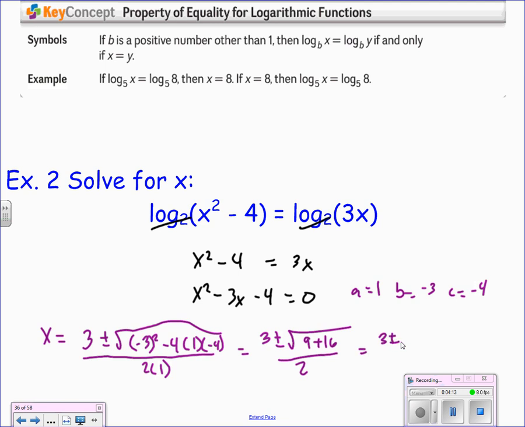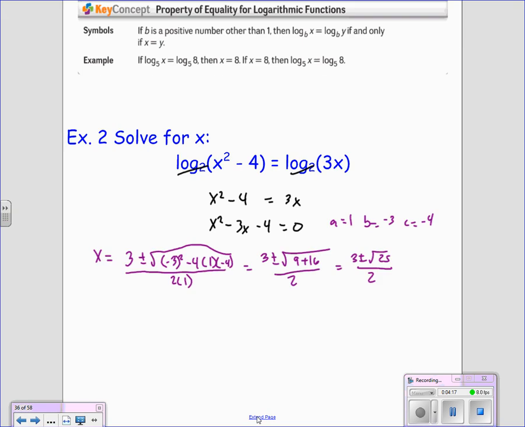So that's 3 plus or minus the square root of 25 over 2. So that's 3 plus or minus 5 over 2, which means 3 plus 5 over 2, 3 minus 5 over 2.